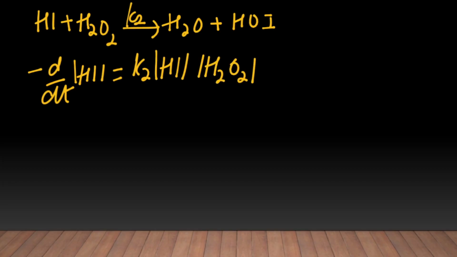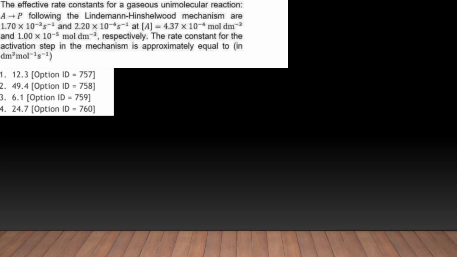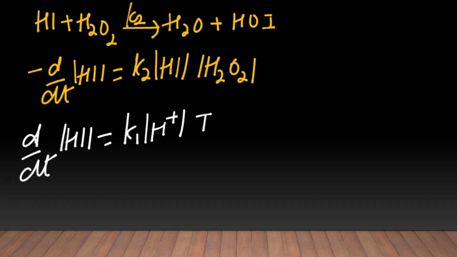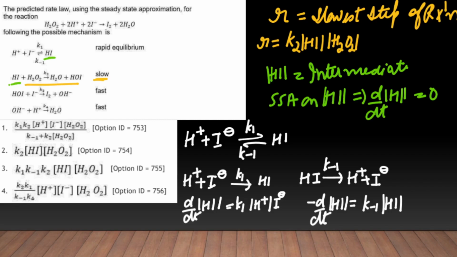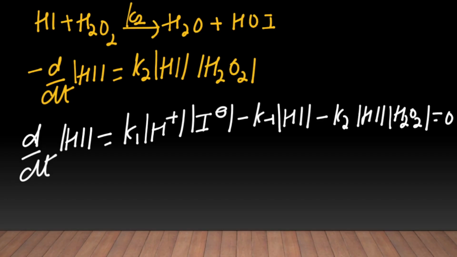So combining all of this for d by dt of HI, we get d by dt of HI equal to K1 times H plus into I negative, minus K inverse of HI, minus K2 times HI into H2O2. This is equal to 0, right?